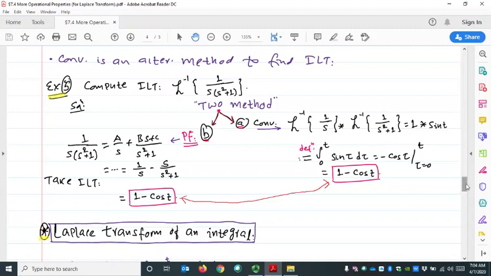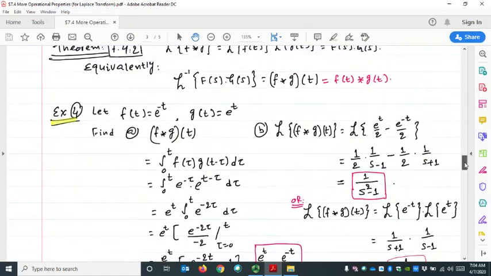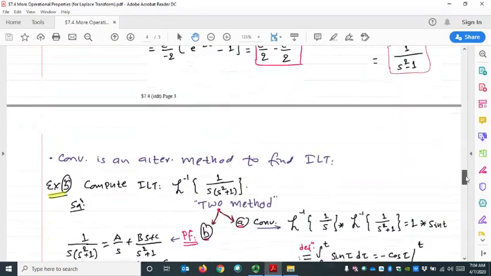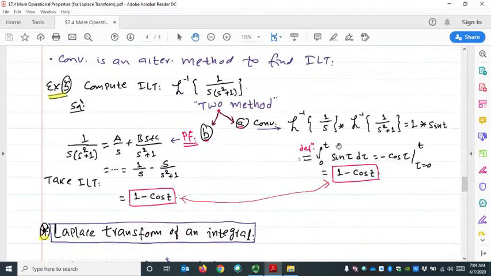This is by definition. Let me scroll up. Here, the inverse Laplace transform of this product goes to the convolution of their respective signals. Let me scroll down. Here. Then the inverse Laplace transform of 1 over s is 1. The inverse Laplace transform of 1 over s squared plus 1 is sine t.